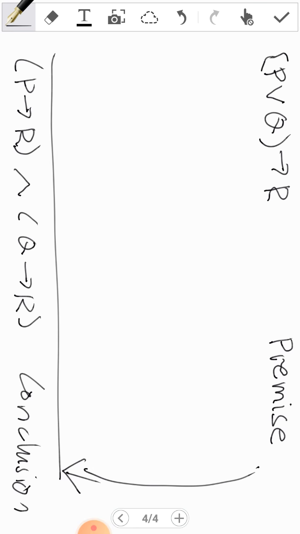So if we will now use the material implication, this entire thing here is now considered as a single element. Like in algebra, when terms are grouped together, we consider it as a single element. In mathematical logic, when propositions are grouped together, we can treat that as a single proposition.